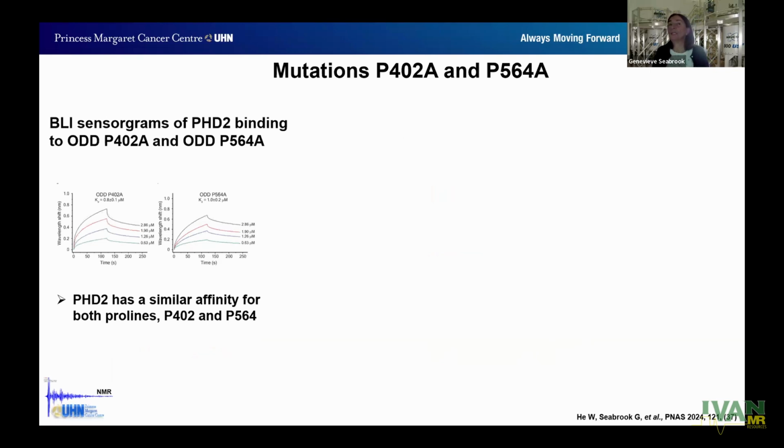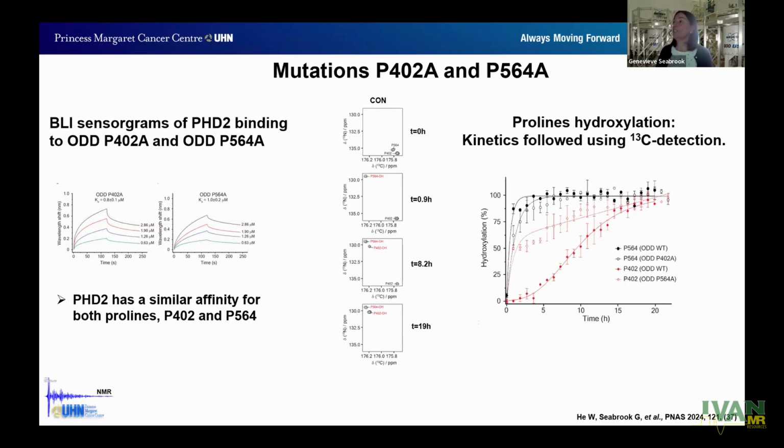So one question was, what is the affinity of the enzyme for those prolines? The student was able to use BLI, and using BLI, he showed that the enzyme has a similar affinity for both prolines, since the KD is very similar. So here is the kinetic. You can see here time 0.